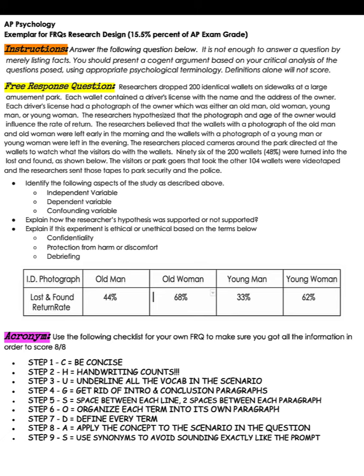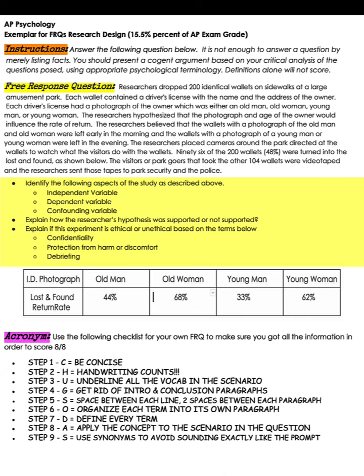Okay, so what you want to do now is take a look over here at the different definitions that you're going to be needing to both define and apply to the particular scenario. In this case, the test makers are asking you to define independent variables, dependent variables, confounding variables, what the hypothesis is, and ethics.